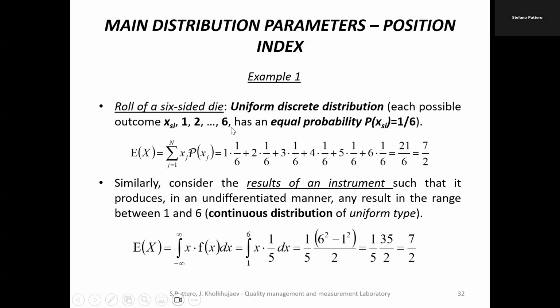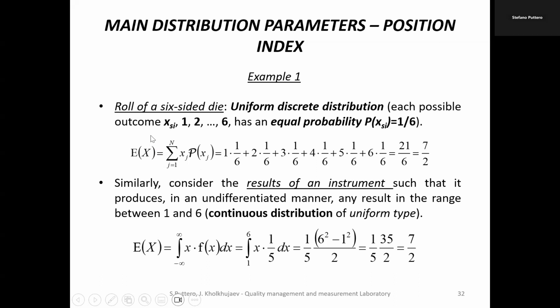In the fair die we have six sides: side 1, side 2, side 3, side 4, side 5, and side 6. Since the die is fair, the probability of each side is the same, that is 1/6.